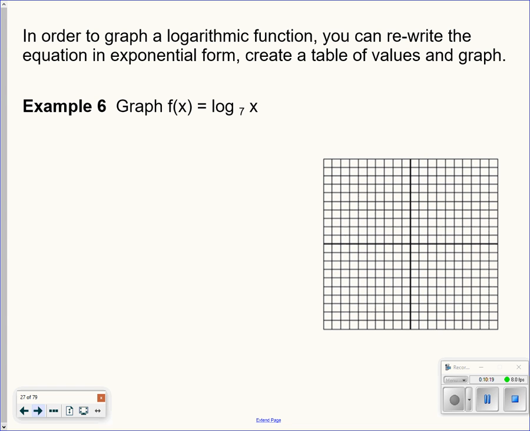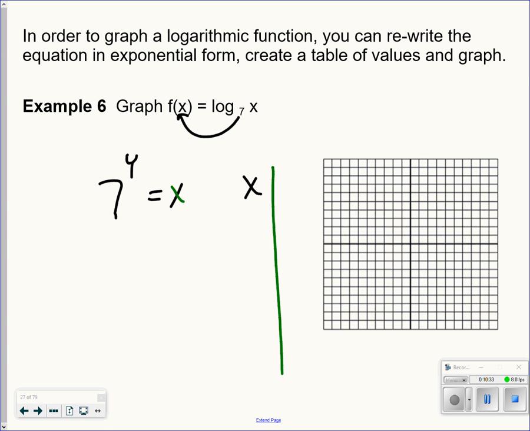In order to graph logarithmic functions, you need to turn it into exponent form. So this would be, if I did a spiral, and I know it's backwards, 7 raised to the f of x, or 7 raised to the y equals x. And so if I did an xy chart, instead of putting numbers in for x, I'm actually going to put numbers in for y. So what if I put 1 in for y?